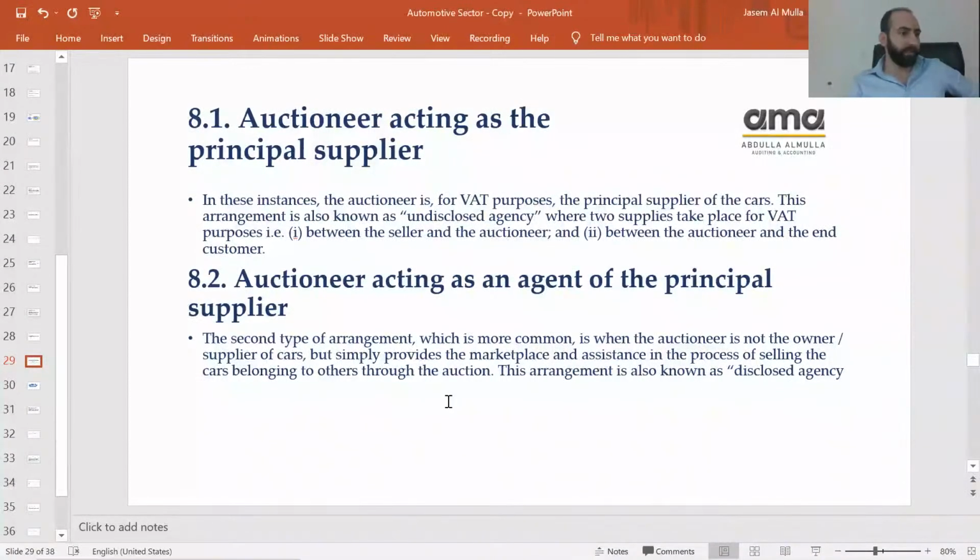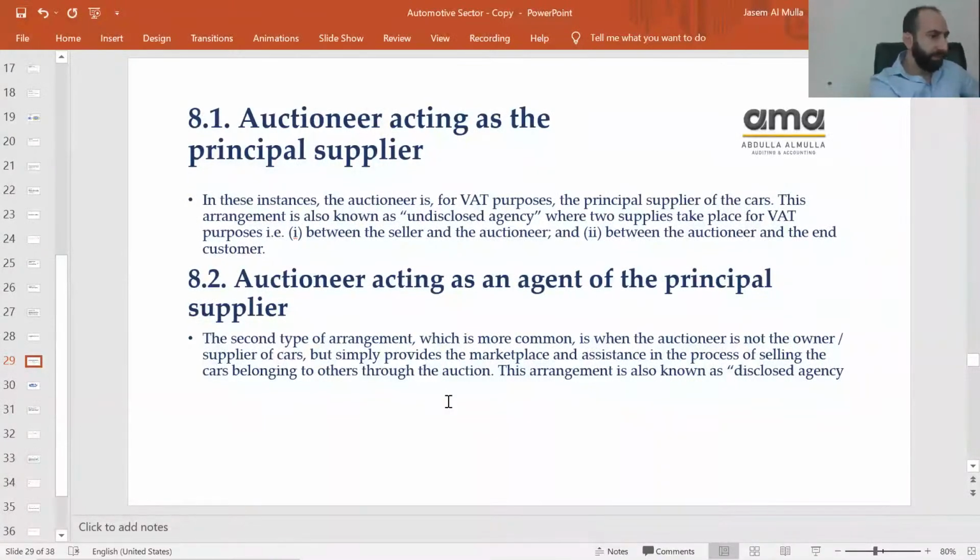As a consequence, when the cars are sold, the sale constitutes for VAT purposes a supply by the principal seller directly to the principal buyer, with the auctioneer being ignored for the purpose of the sale. This means that the VAT treatment of the sale of the car must be considered from the perspective of the principal supplier, the owner of the car.